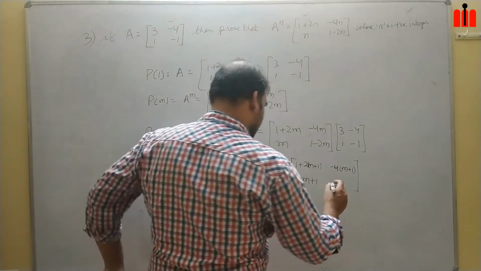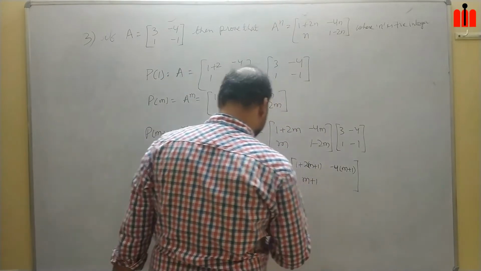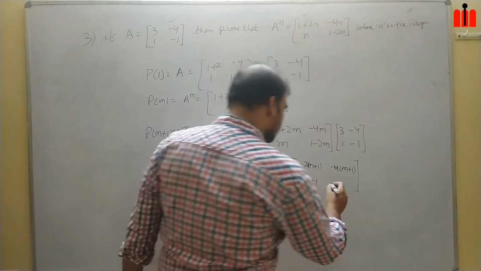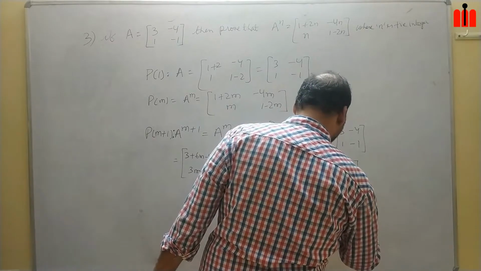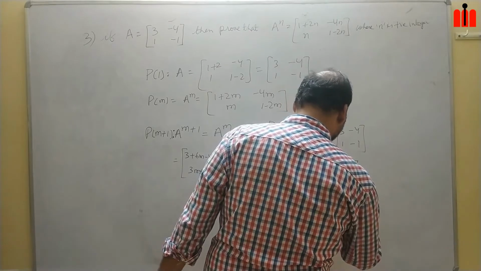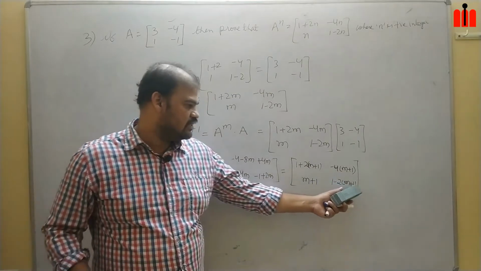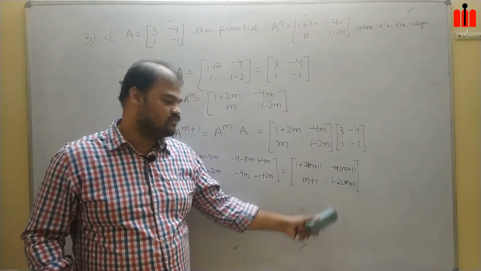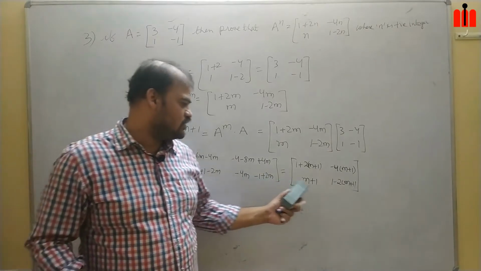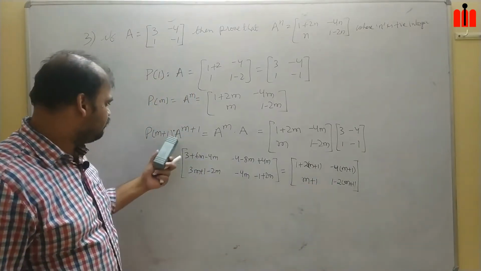So minus m minus 1 minus 2m can be written as 1 plus 1 minus 2 into m plus 1. If you multiply minus 2 inside, you will get minus 2m plus 1, which is minus 1. So we are getting that minus 1 over here. And minus 4m plus 2m is minus 2m, we got it.